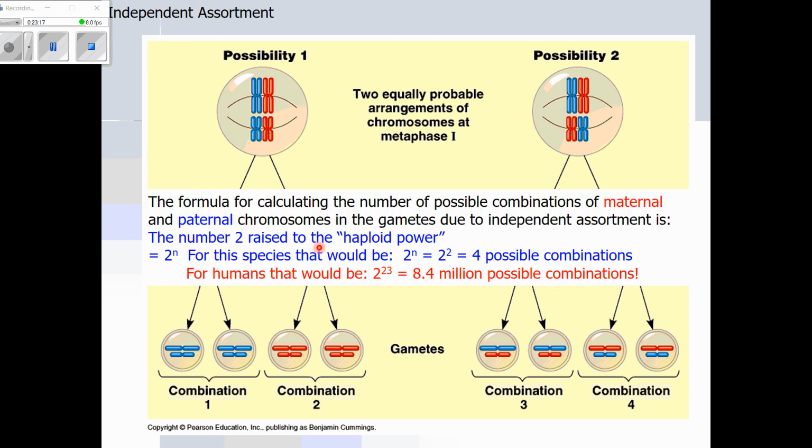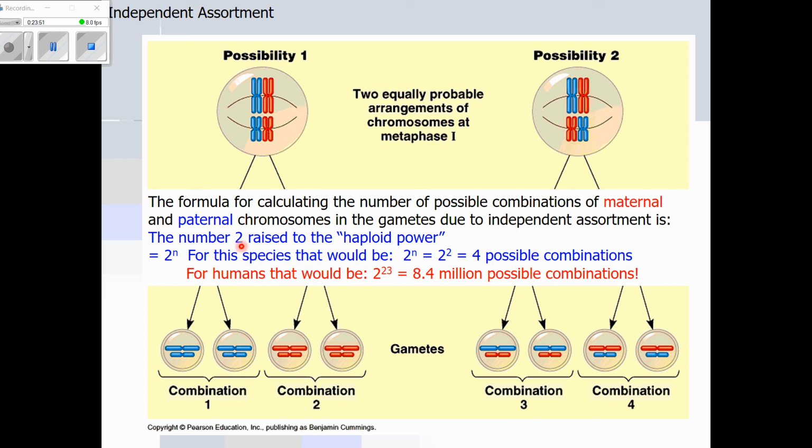And the formula is 2 raised to the haploid power. Look at what this says. The formula for calculating the number of possible combinations of red and blue chromosomes, maternal and paternal chromosomes in the gametes due to independent assortment, due to the random nature in which the chromosomes line up.